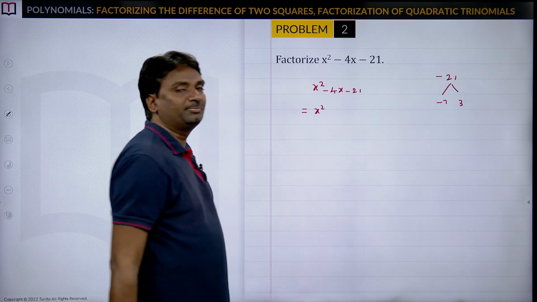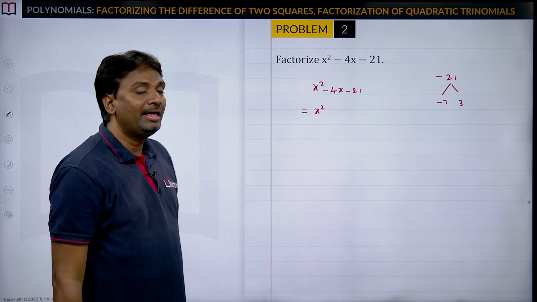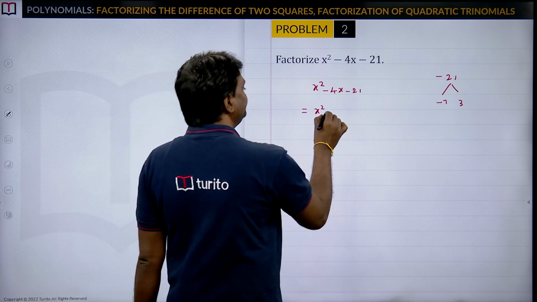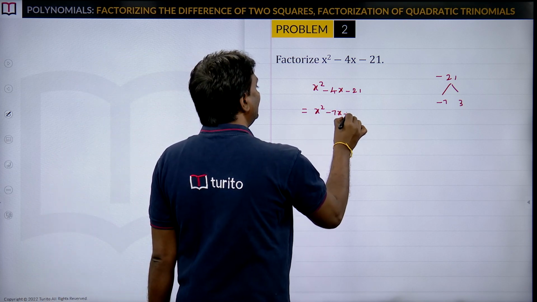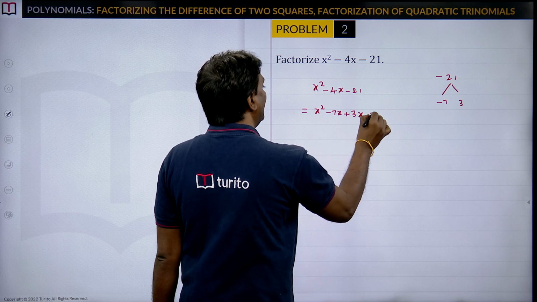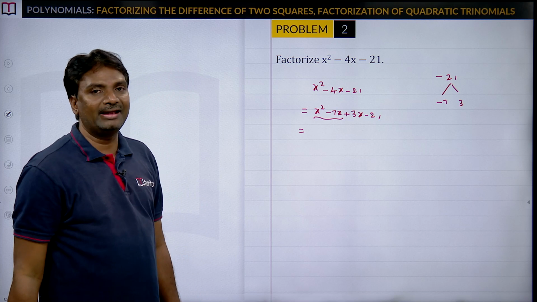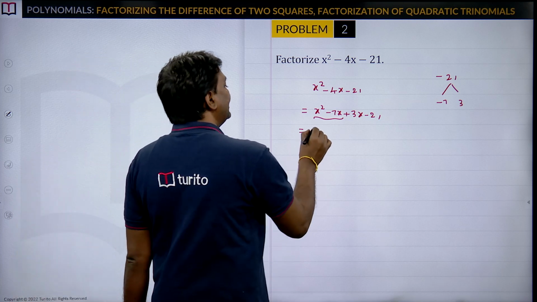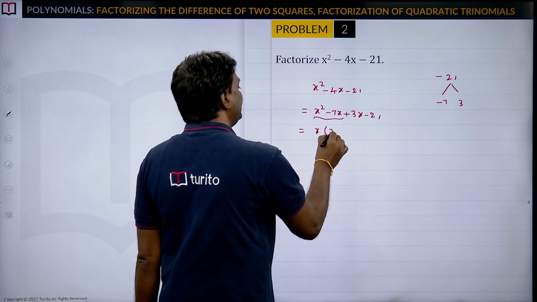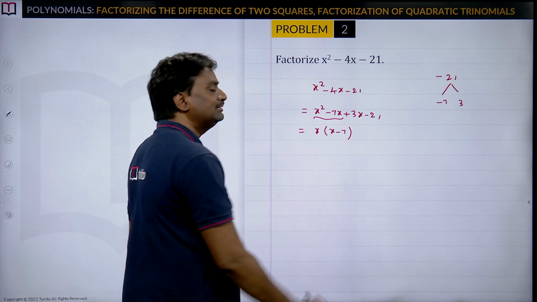So, here I am expressing minus 4x as minus 7x plus 3x minus 21. Again take the first two terms, x square minus 7x. Clearly x is a common factor. So, x of x minus 7.